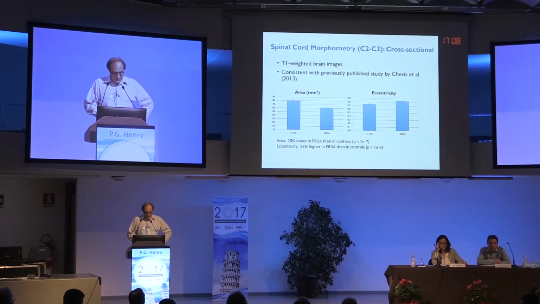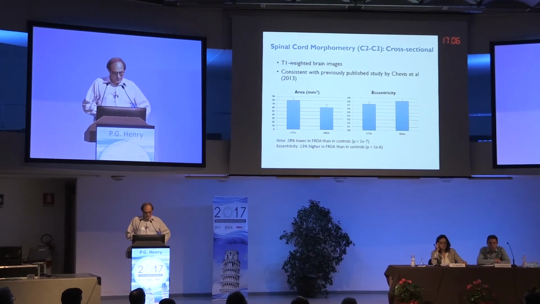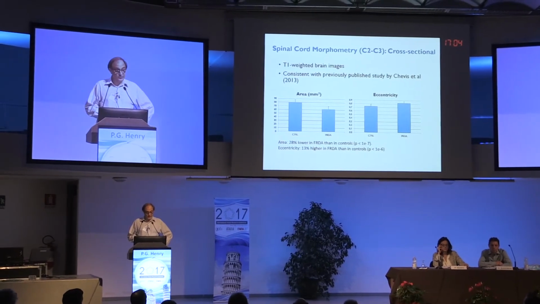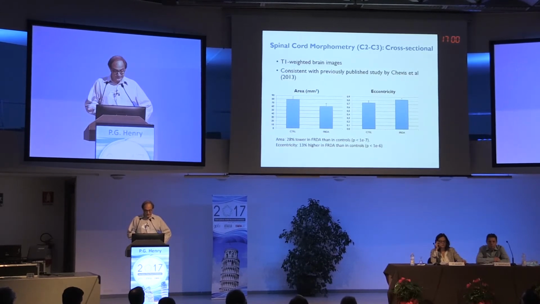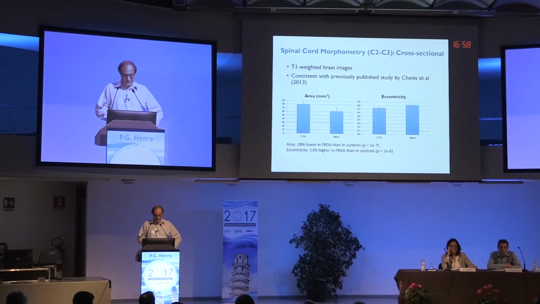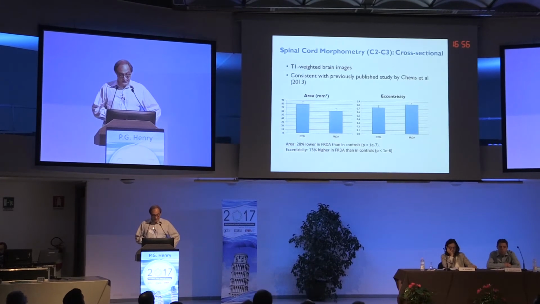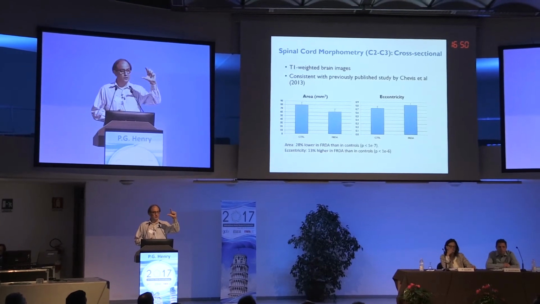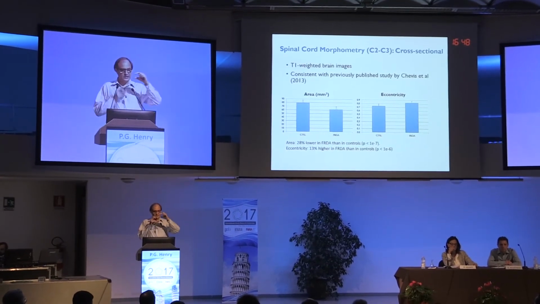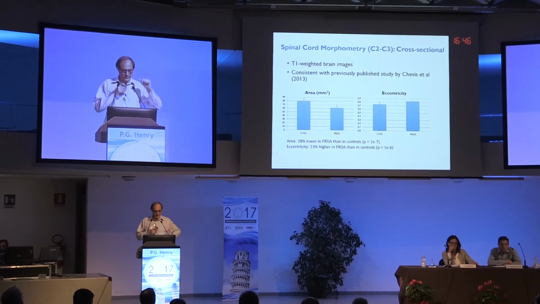So what we found in cross-sectional was that the area was decreased in Friedreich's compared to controls, 28% lower, with a very high significance. And the eccentricity was 13% higher, so that means the spinal cord becomes flatter, the ellipse becomes more elongated.